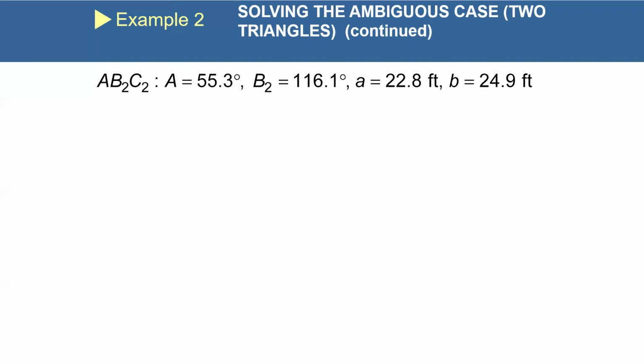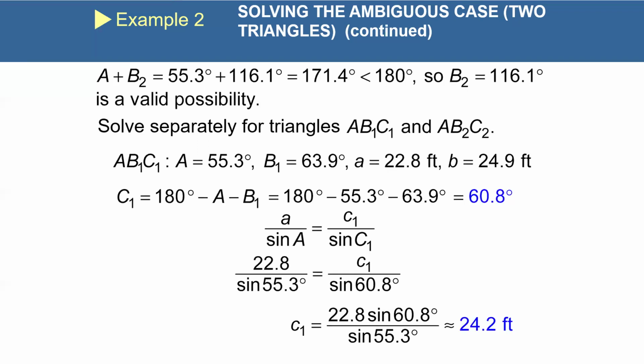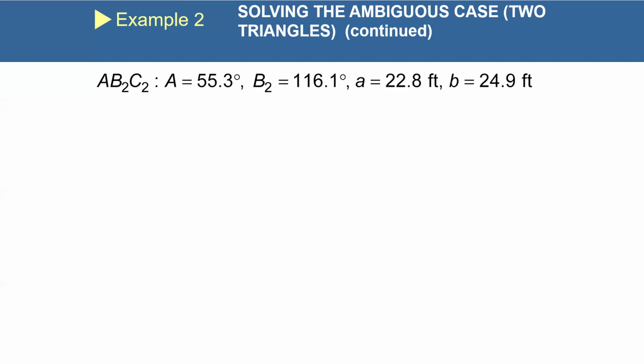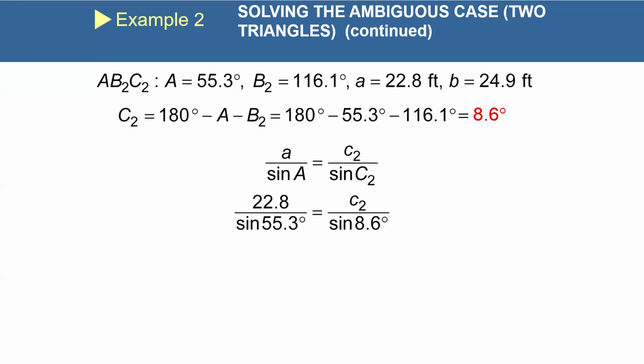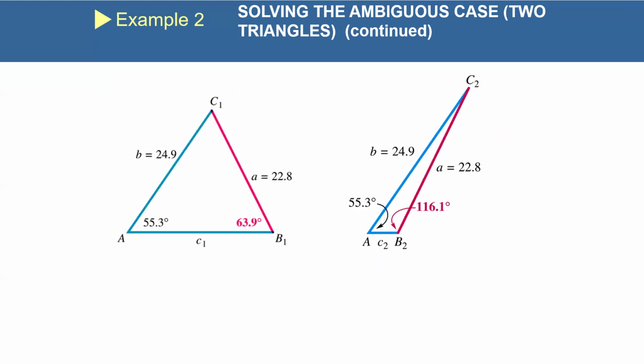Then for our second triangle, we do the same thing. You subtract, find your value, and we get 8.6 degrees. Set up your law of sines, plug in, cross multiply, and divide, and you get your second value of C. So now you have your two completed triangles.